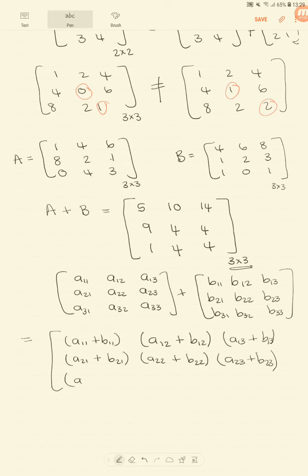Final row A31 plus B31, A32 plus B32, and final entry A33 plus B33. And you can expand this to an m by n matrix.